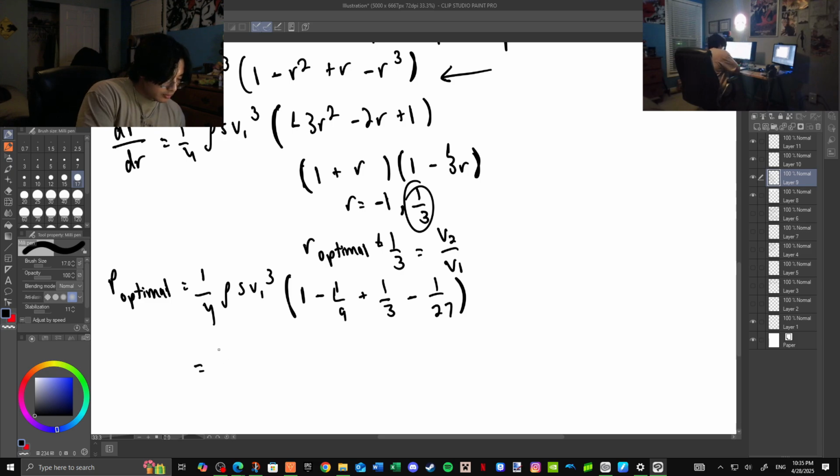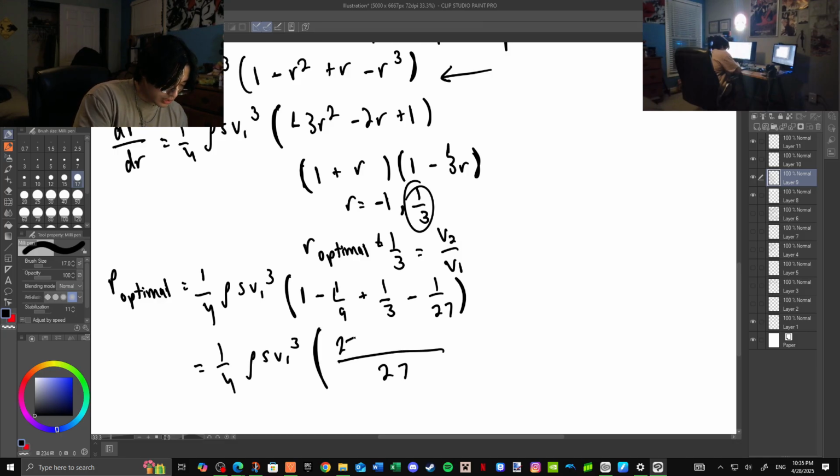Doing this, we can set everything over 27, so we get 27 over 27, then minus 27 over 9 is minus 3, plus 27 over 3 is plus 9, minus 1.